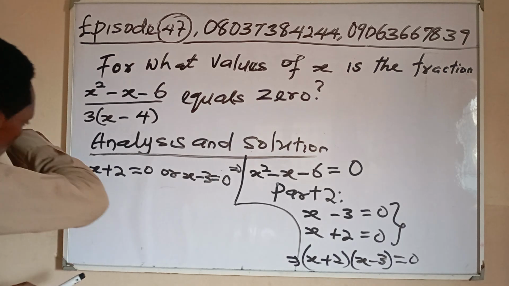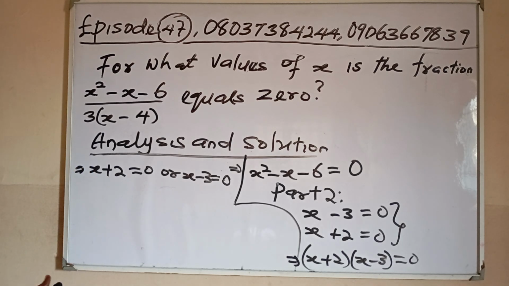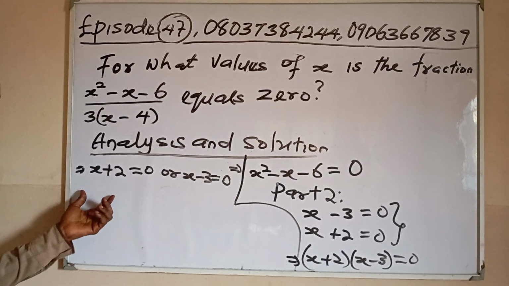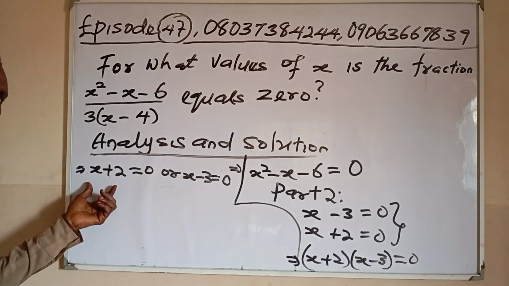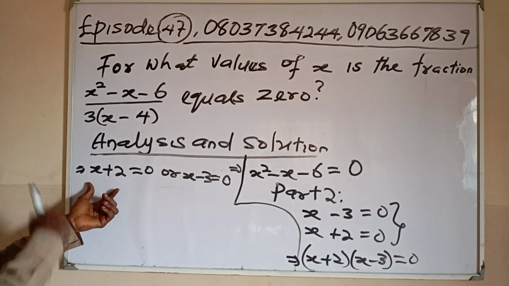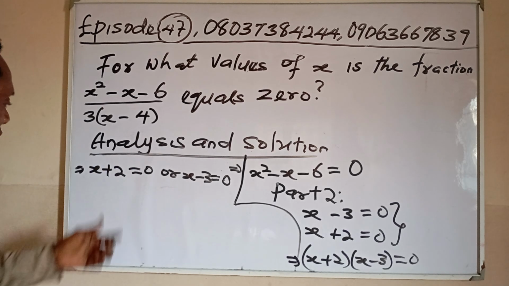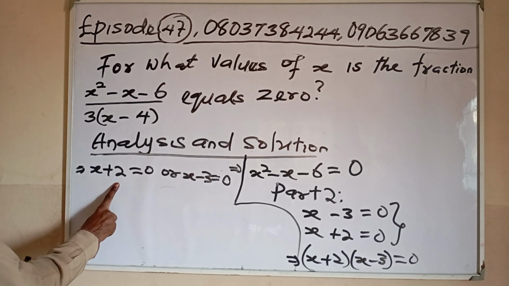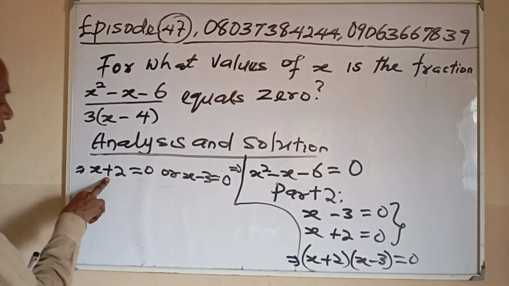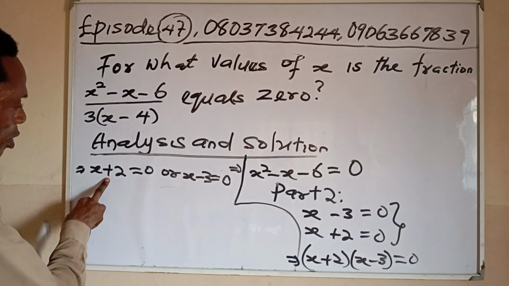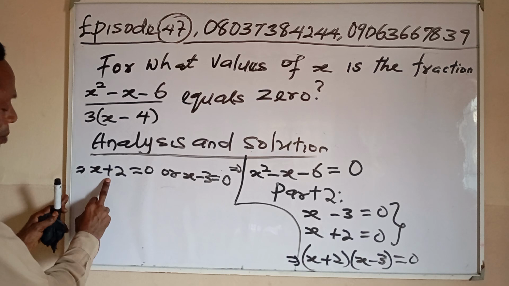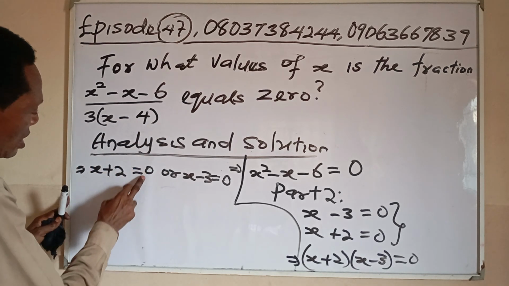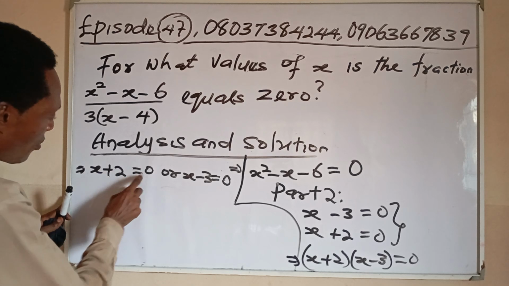So apply the law of transposition. The law of transposition states that you have to make the variable the subject, and every other value you take to the right hand side. So we transpose the 2 from the left hand side to the right hand side. The sign preceding 2 on the left hand side, which is positive, will turn to negative when it crosses the sign of equality.